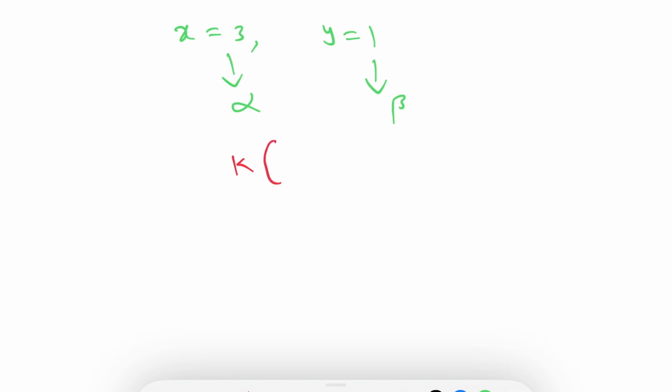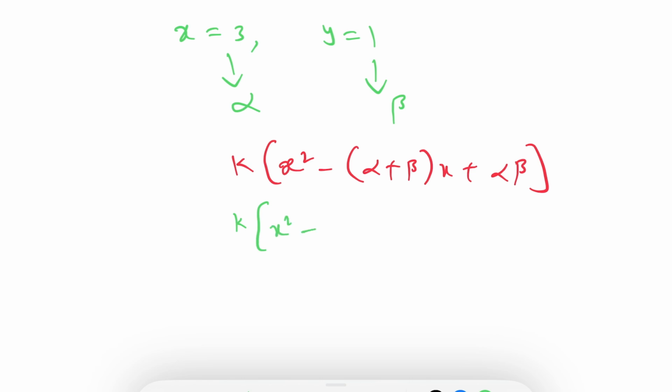So let us take the formula k of x square minus alpha plus beta into x plus alpha beta. Substituting, k into x square minus alpha is 3 plus beta is 1 into x plus alpha is 3 into beta is 1.